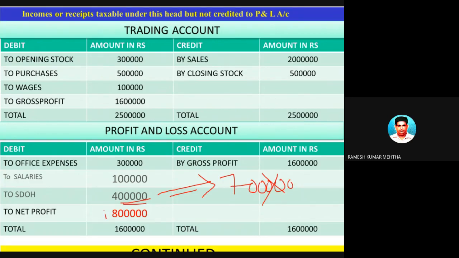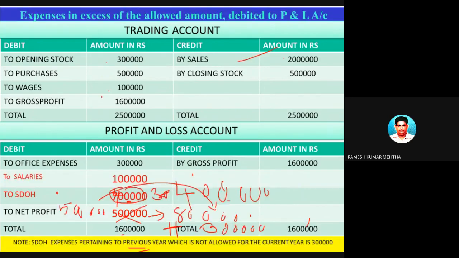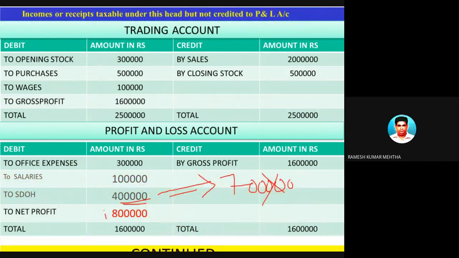Previously the profit was 5 lakh rupees. By removing this expenditure of 3 lakh rupees, the net profit has become 8 lakh rupees. So this is the way we have to do the adjustment in case of those items where the expenditure is of the past years and not the current year.